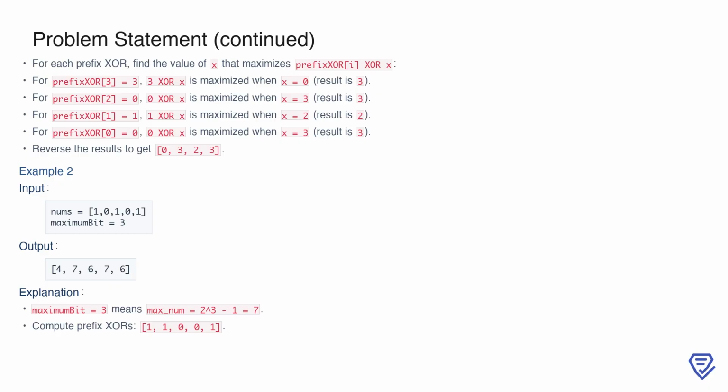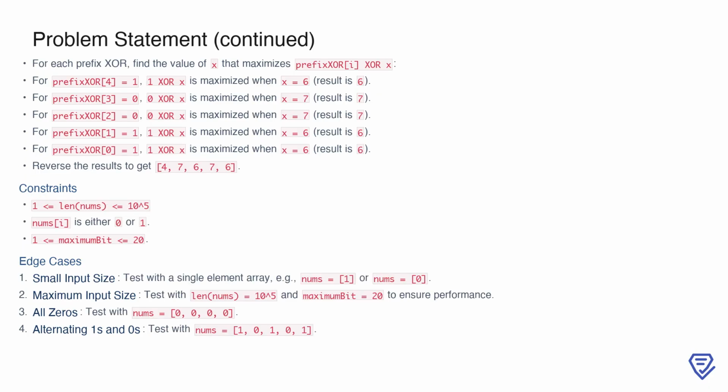For prefix XOR 2, which equals 1, the maximum result of 1 XOR x occurs when x equals 2, giving a result of 2. Finally, for prefix XOR 1, which equals 0, the maximum result of 0 XOR x occurs when x equals 3, giving a result of 3. Once you've calculated these values, the results are reversed to follow the problem's requirements, leading to an output array of 0, 3, 2, 3.